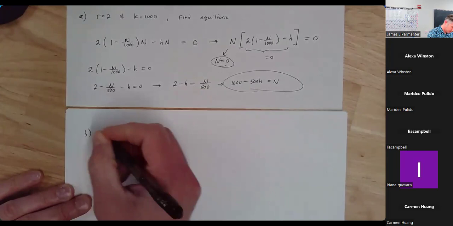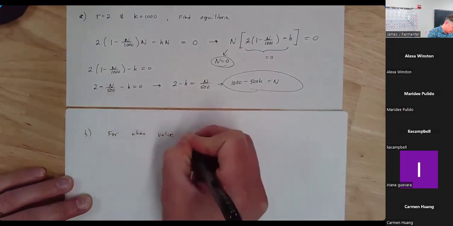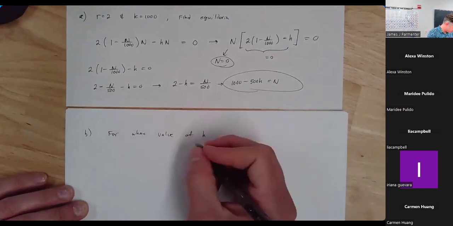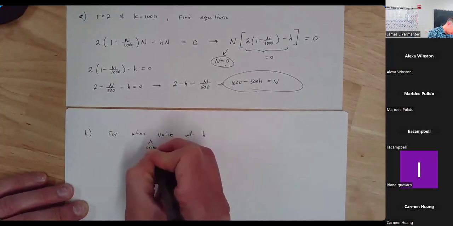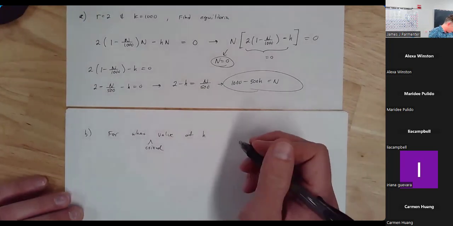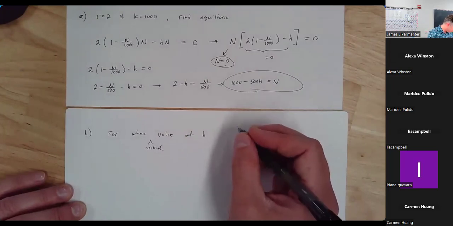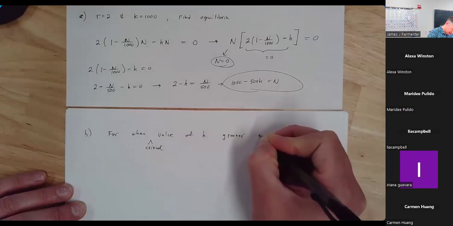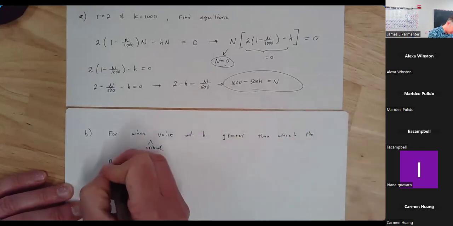So for what value of h, what is the critical value of h? Sorry, I feel like I'm writing this terribly. What is the critical value of h greater than which, I don't love the way this is phrased, greater than which the population will go extinct?